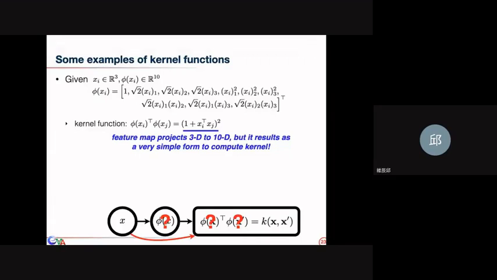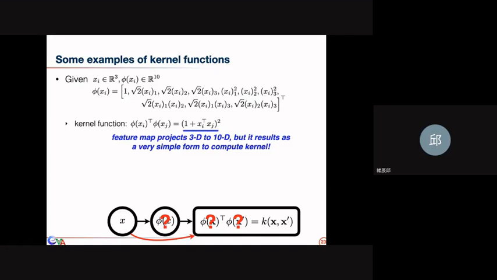So here comes another example. Now your data space is three-dimensional, so you have three-dimensional data points. Let's consider this specific feature representation.